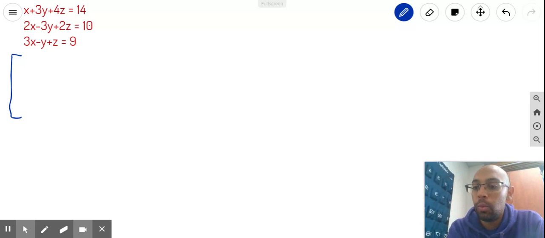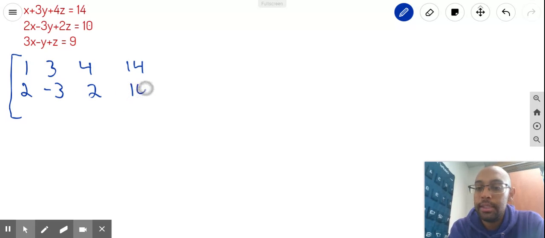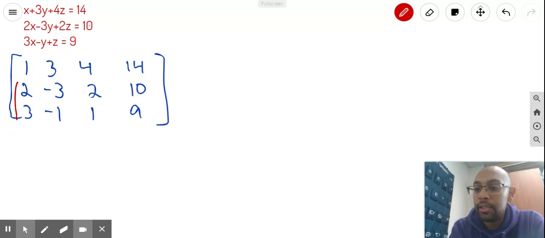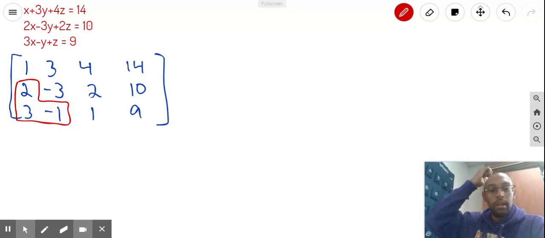So here it is 1, 3, 4, 14, 2, negative 3, 2, 10, 3, negative 1, 1, and 9. And again, the goal is to have these 3 locations be 0.